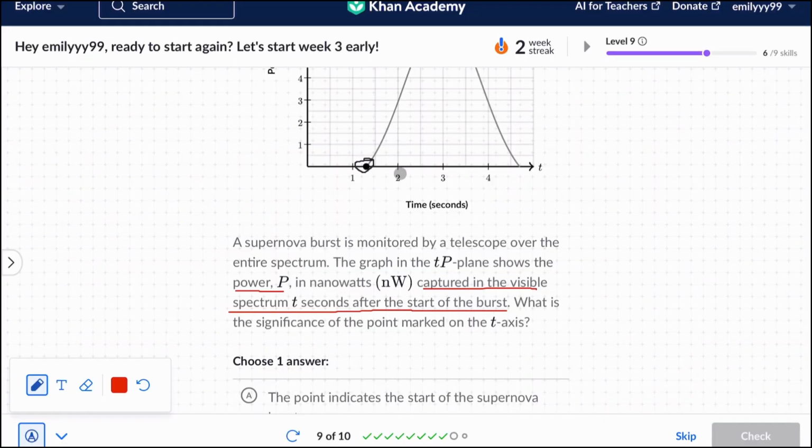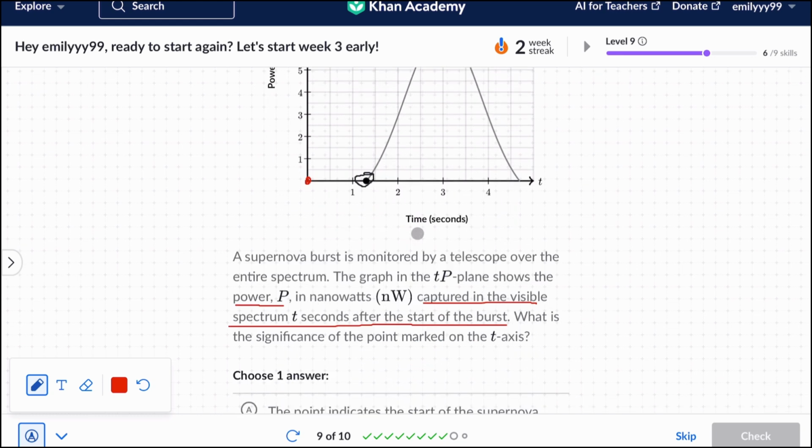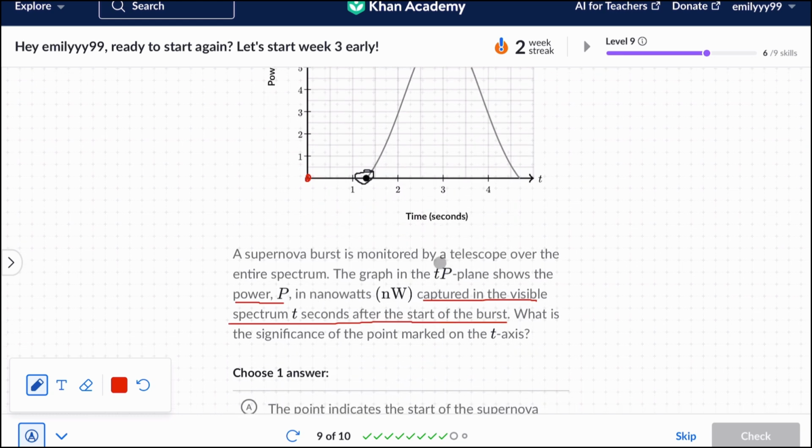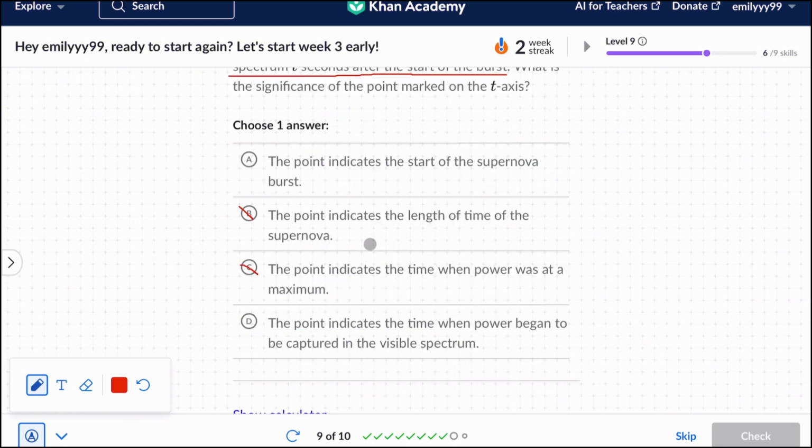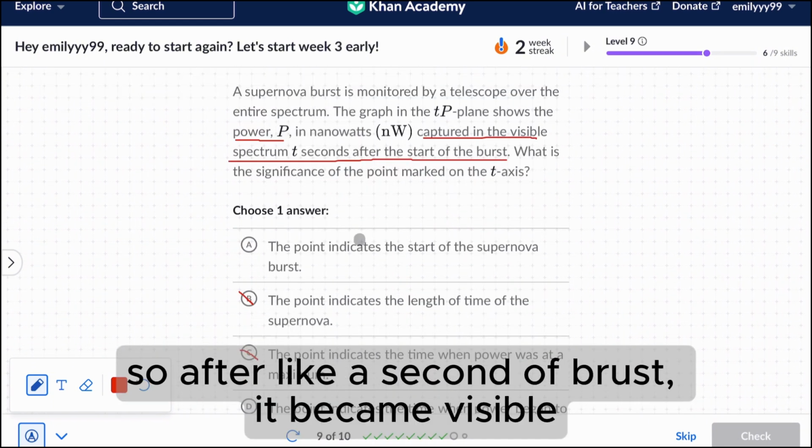So if we're saying 2 seconds after the start of the burst, that means the start of the burst already started back over here. If we're saying 3 seconds after the start of the burst, the power is at 7. That means this point indicates when the power became visible. So it should be D.